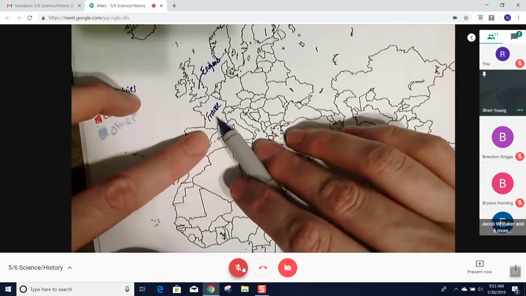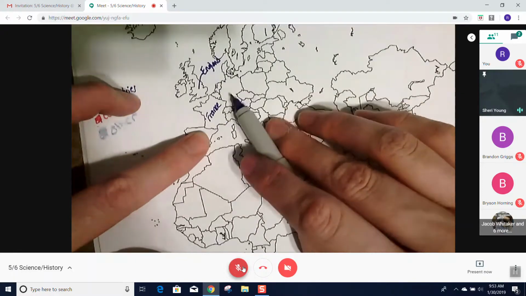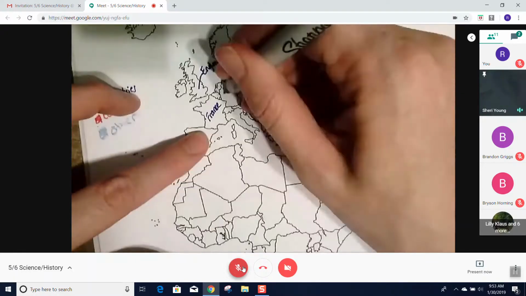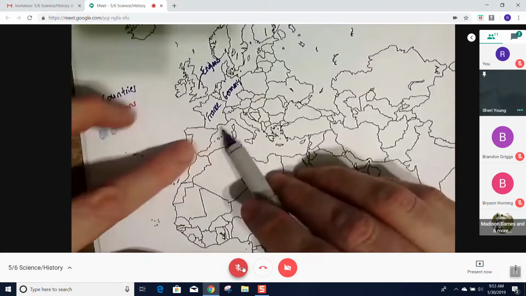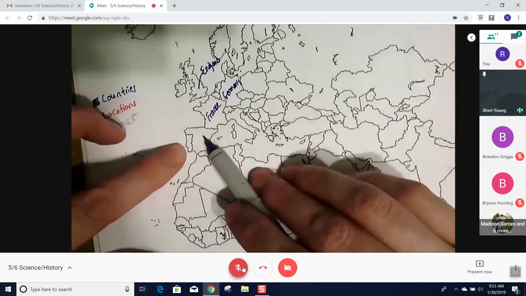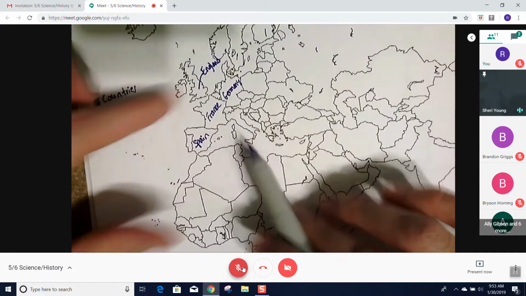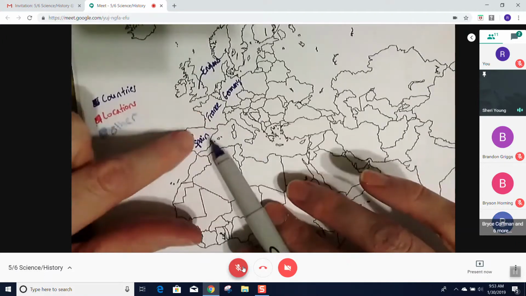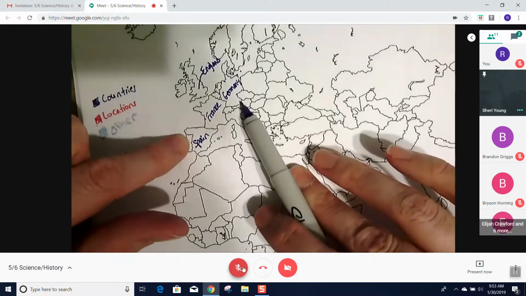And then directly northeast of that is Germany. And then directly south and off to the west is Spain. Okay, so I've got England, France, Spain, and Germany.